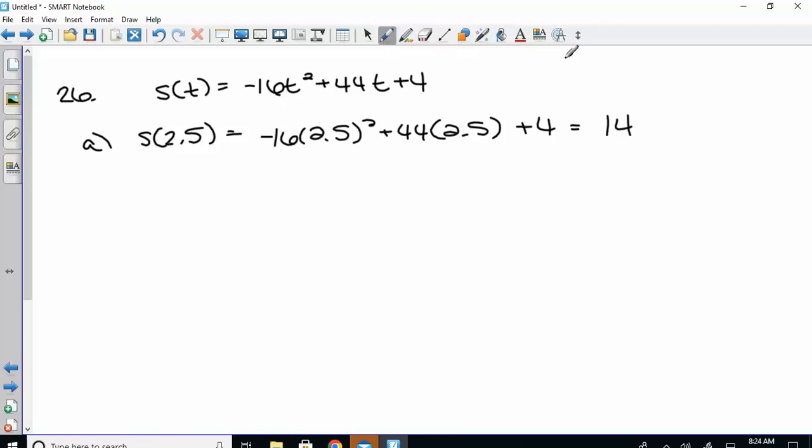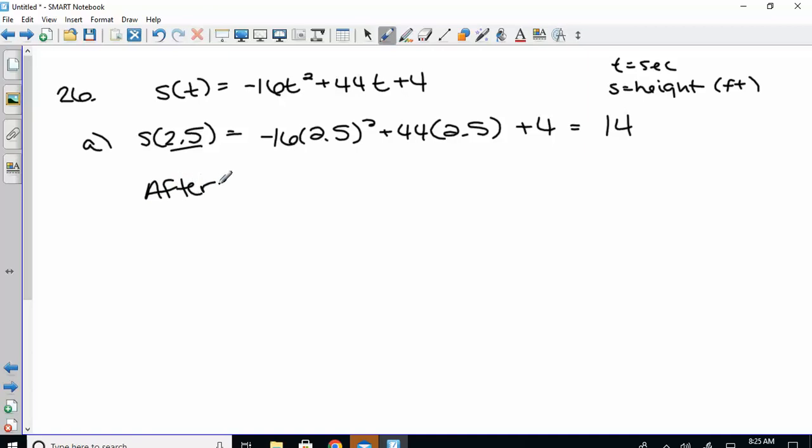So it told us t is the seconds, and s is the height. Okay, and height was measured in feet.